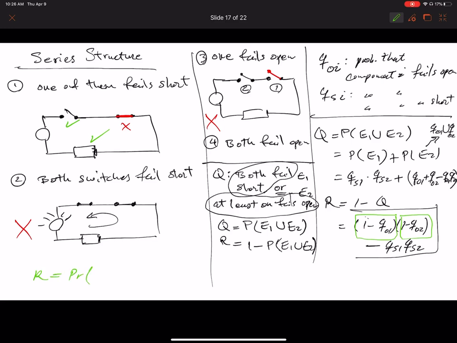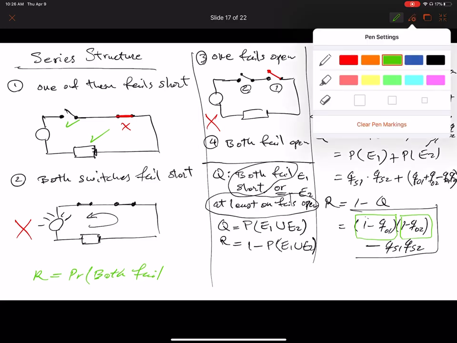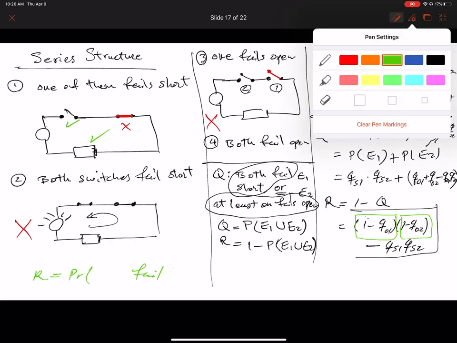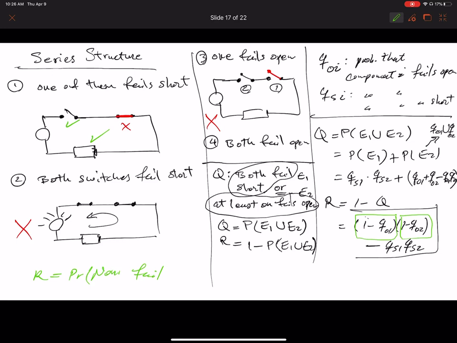probability that neither actually, none of them fail open minus the probability that both fail short.